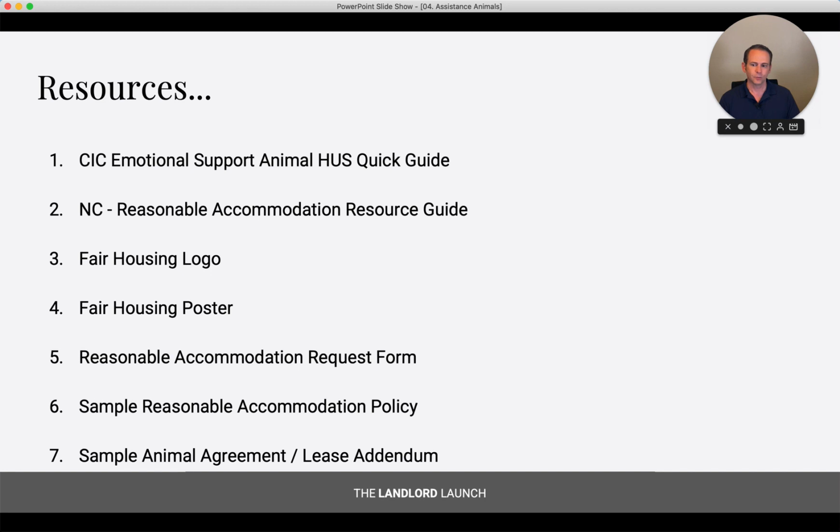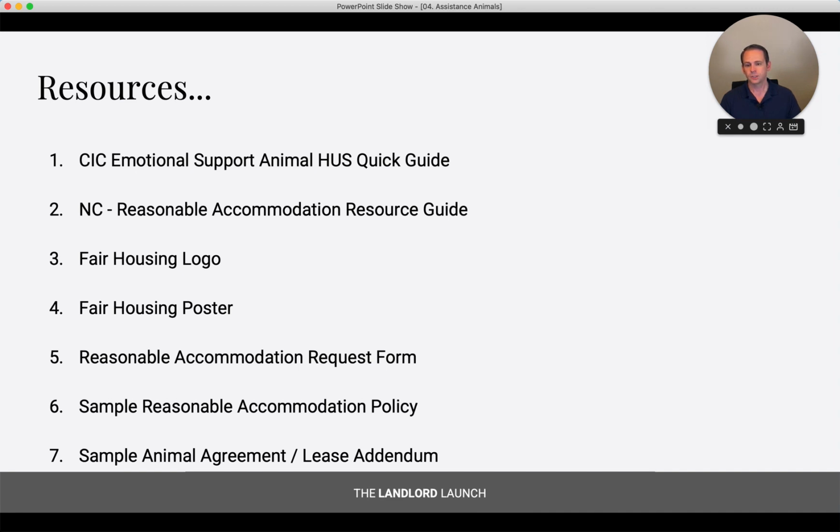I have a sample copy of a reasonable accommodation request form. There's others out there though. The HUD one is pretty solid, but if it's too much or too little, go find one that works for you. You can make those as simple or as complicated as you want. Just make sure that it does what you need it to do and gathers the information you need to cover you legally.